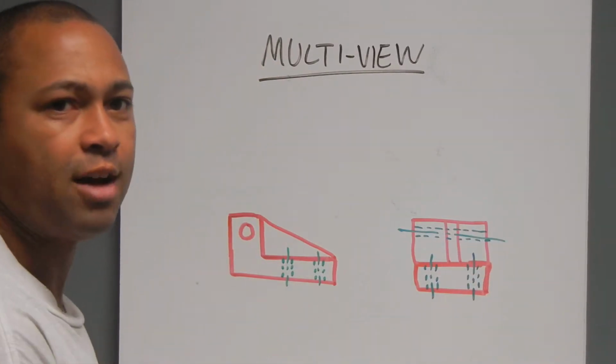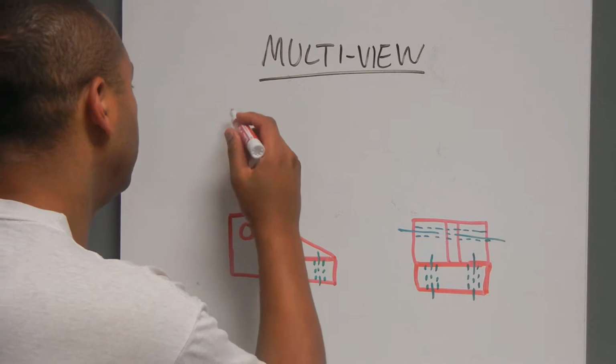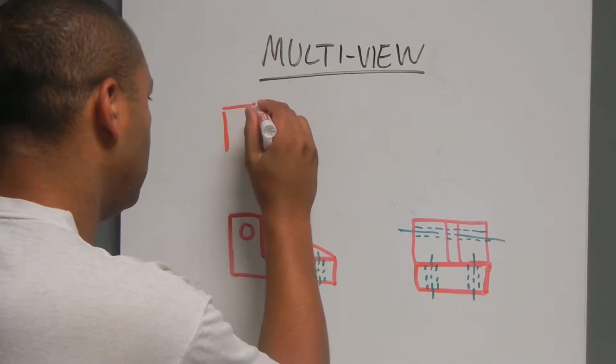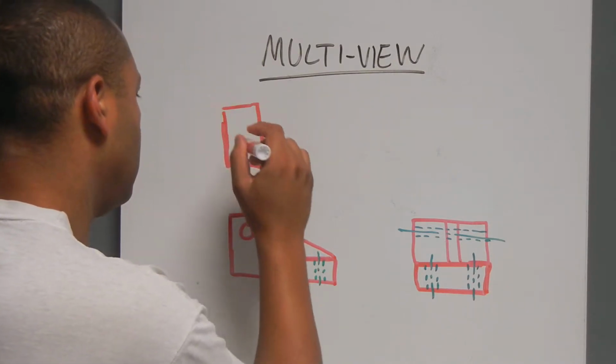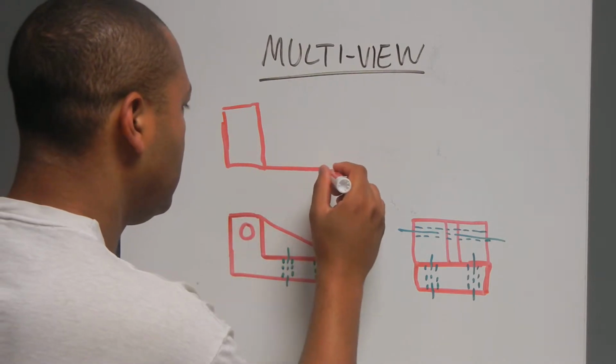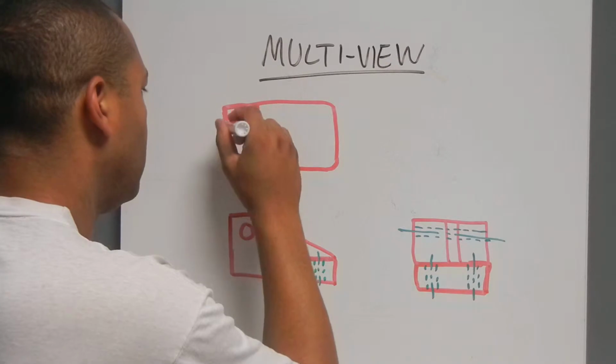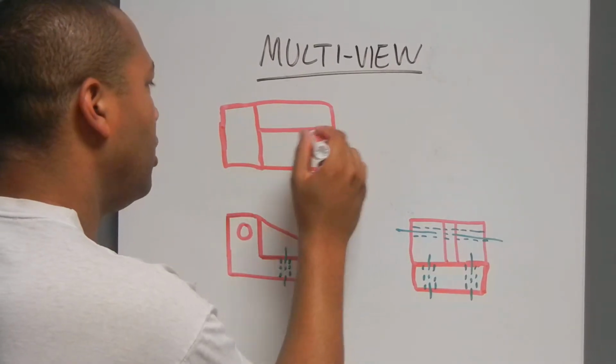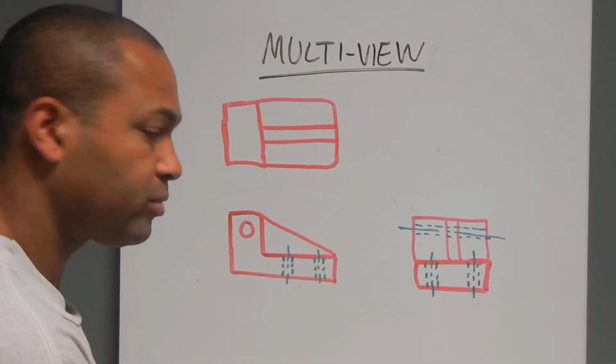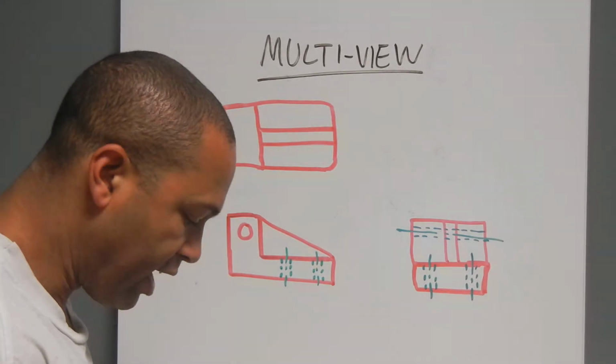And then I'll move on to the top view and sketch it as well. Give it a rounded edge here. Draw that slope. Then I'm able to draw the holes that I have.